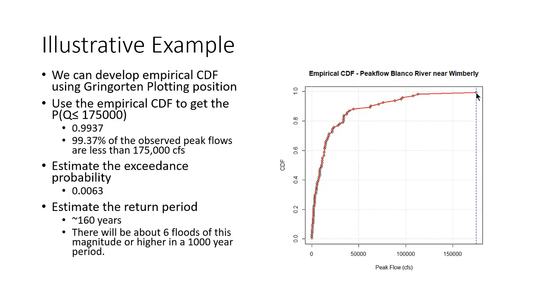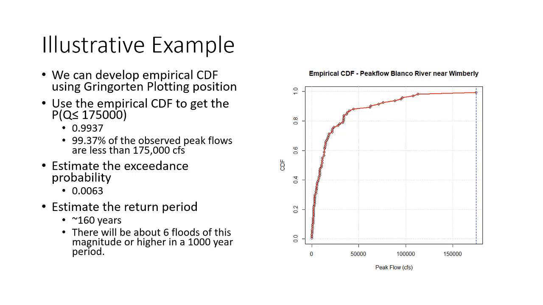And that's what this plotting position formula does. So once we have that, we can use the approx function, and then we say, okay, what is the probability? We've already calculated our cumulative probability, which is 0.9937.